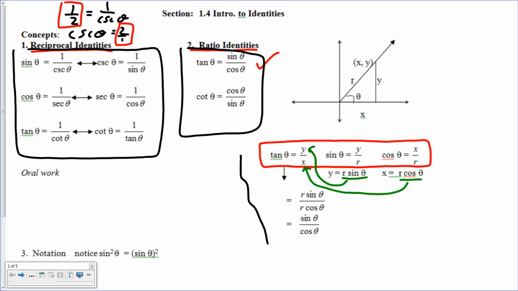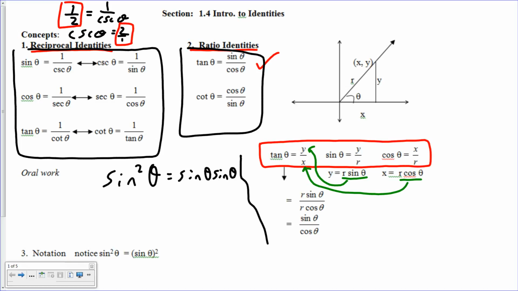In the book, you're going to see that you have sine squared theta equals sine theta squared. The point that this is making here is that this is really equal to the same thing as sine theta times sine theta.